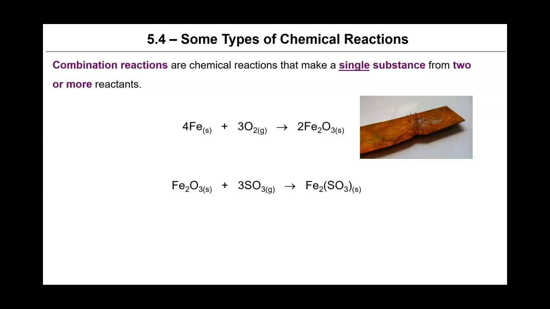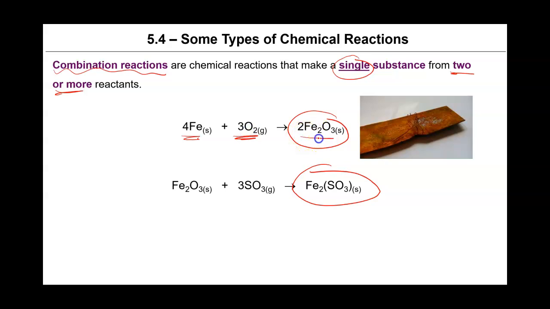The first type of reaction that we're going to learn about is combination reactions. Combination reactions are chemical reactions that make a single substance from 2 or more reactants. You can recognize a combination reaction because it always has just the one product. A classic combination reaction is the reaction between iron metal and oxygen gas to form Fe2O3, iron(III) oxide, otherwise known as rust.